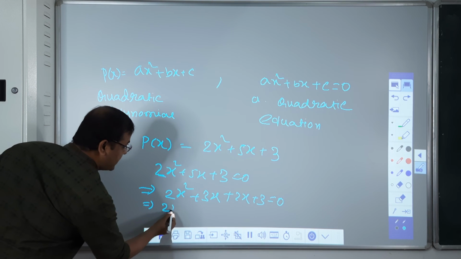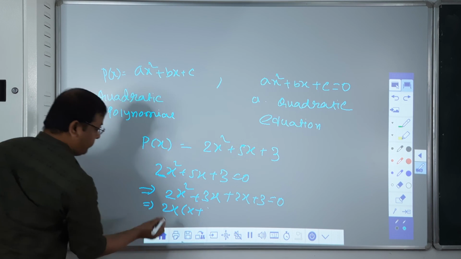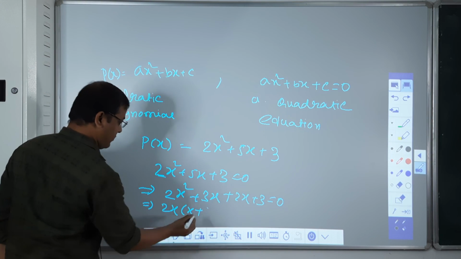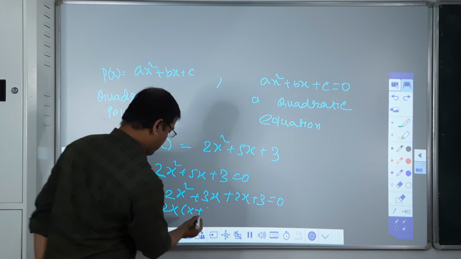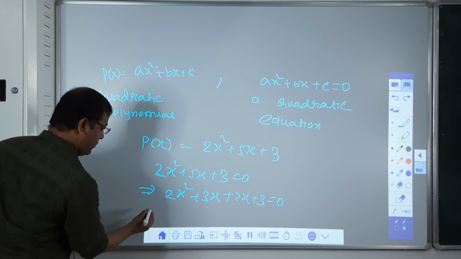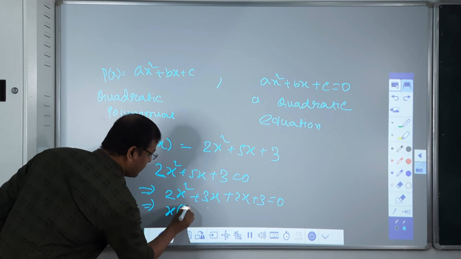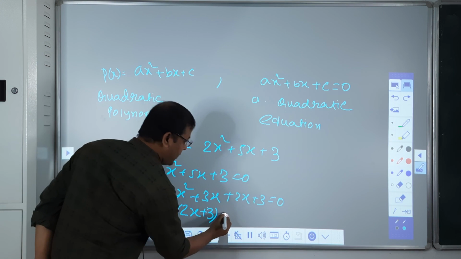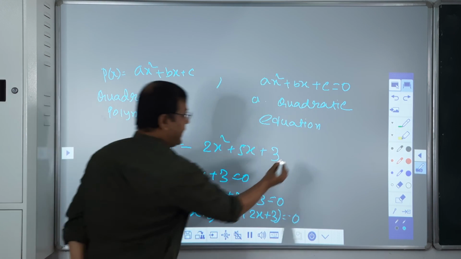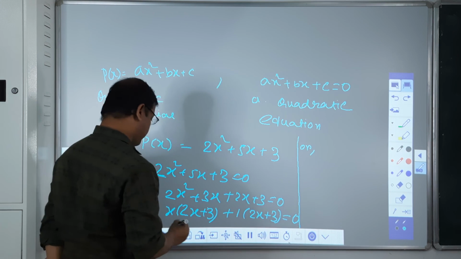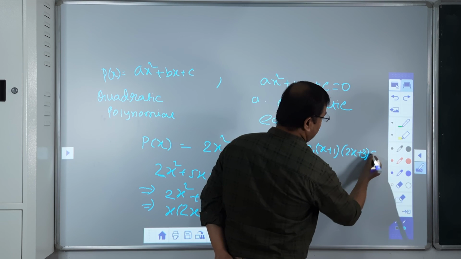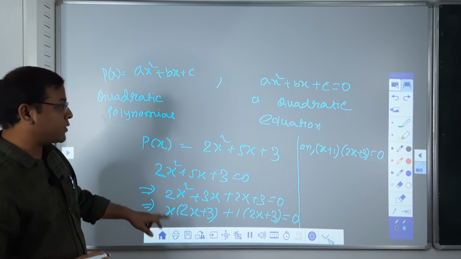Then x is a common factor, so x into 2x plus 3, plus 1 into 2x plus 3, that is equal to 0. So next line is (x plus 1) into (2x plus 3) equal to 0. x plus 1 equal to 0 or 2x plus 3 equal to 0.